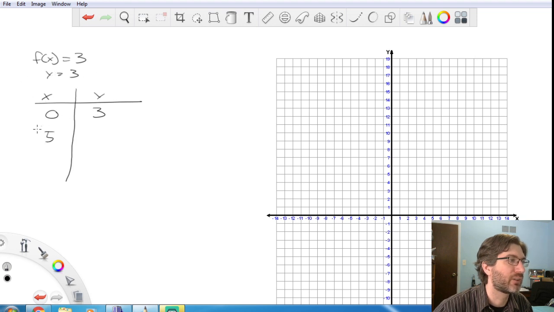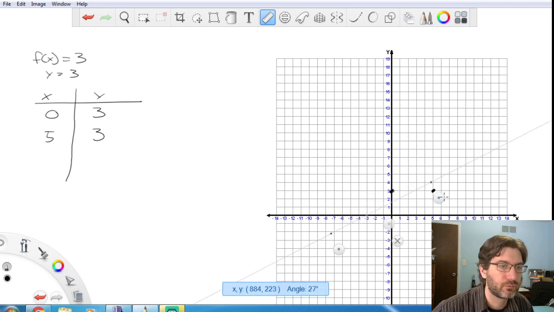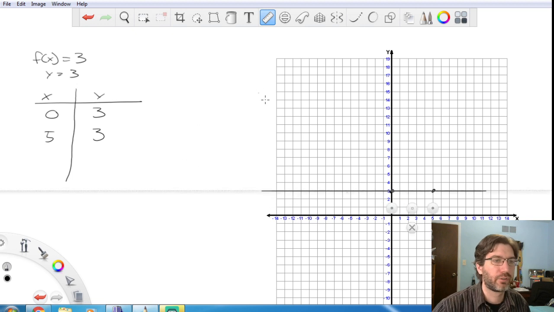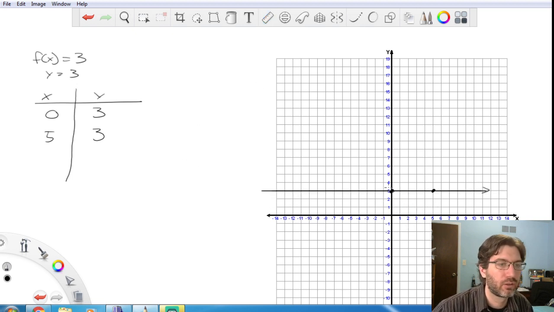If x is 5, y still equals 3. So in this case, 0, 3, and 5, 3. You'll notice just a horizontal line there. And that gives you your horizontal line.